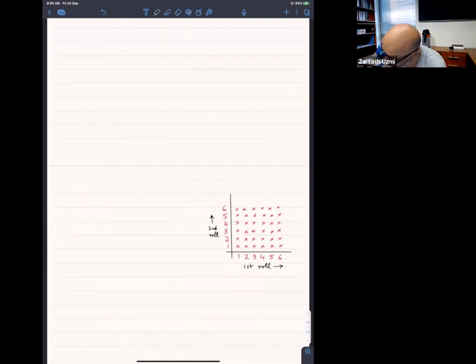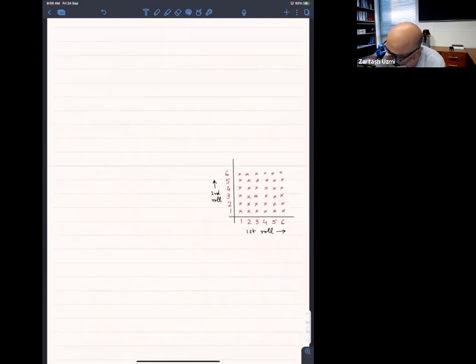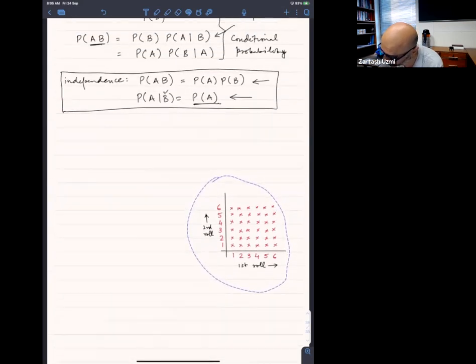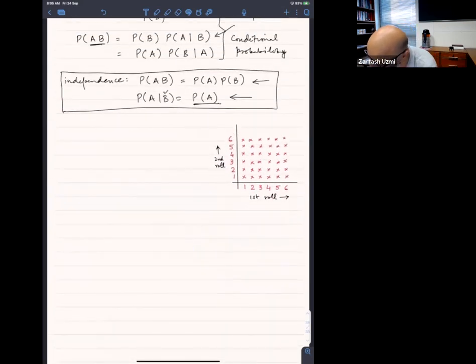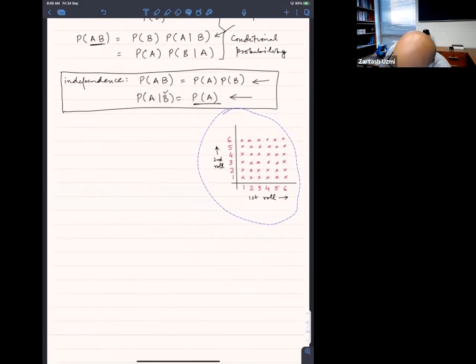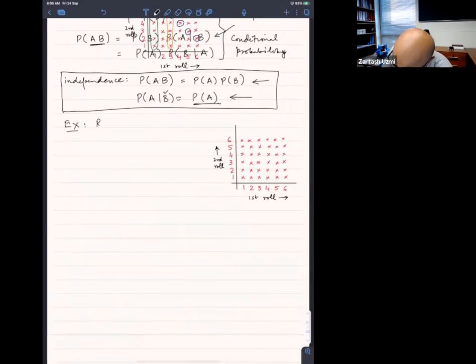So I'm going to consider this two dice rolling example. Roll two dice, and we define the following events. Let's say E1 is the event that the sum of the two dice is 6.